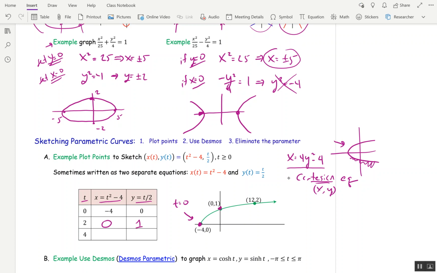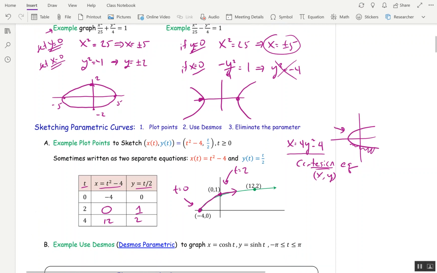And that's this point here. And so I know I'm going in this direction because as t increases, I'm going from that first point to the second point. And then I plotted a third point there, 12, 2, but I really didn't need to. Just 2 points will tell me what direction I'm going in.